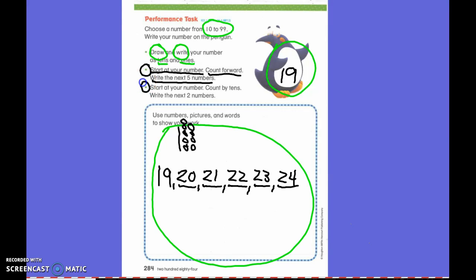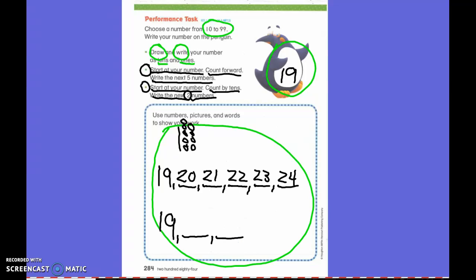Okay, the next set of directions says start at your number. So I'm going to start at my number again, but I'm going to put a comma. Count by tens. Write the next 2 numbers. So all I have to do is 2 more. 1, comma, 2.